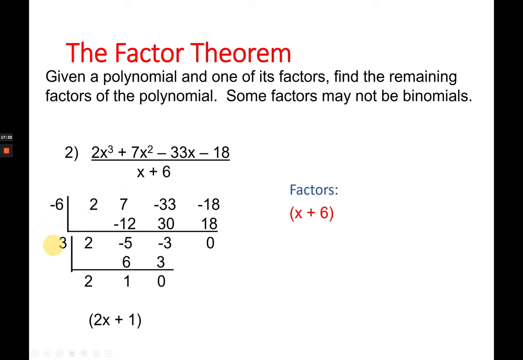Therefore, if this is plus, your factor should be minus 3, x minus 3. And your last factor is the depressed polynomial 2x plus 1. And we were able to find the factors of the polynomial with the degree 3, 2x cubed plus 7x squared minus 33x minus 18 by using your synthetic division.